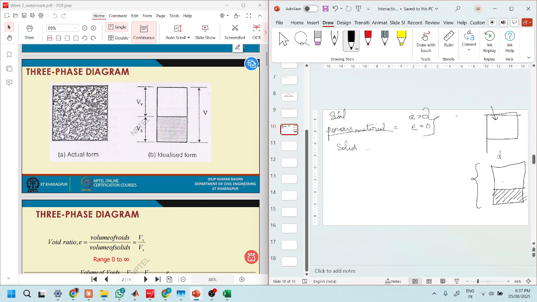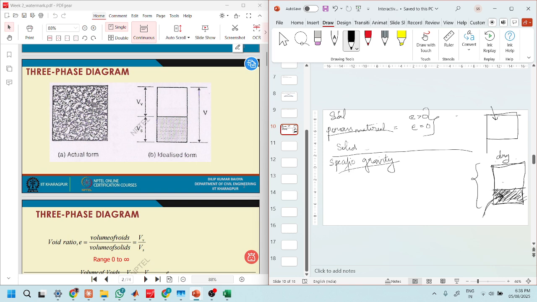This is the dry form of soil, so all pores are dry, there is no water in the pores, and there are these solids. When we talk about index properties, for example specific gravity, we are talking about the density of these solids.